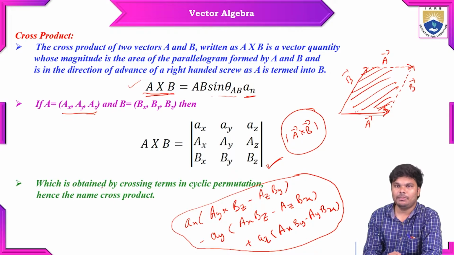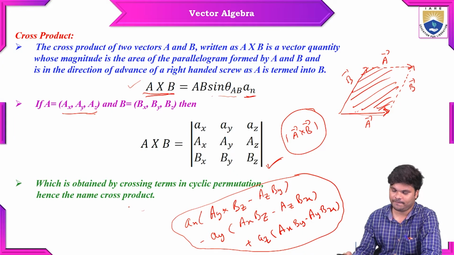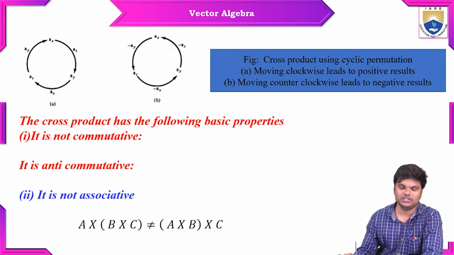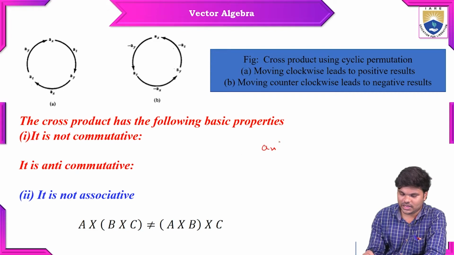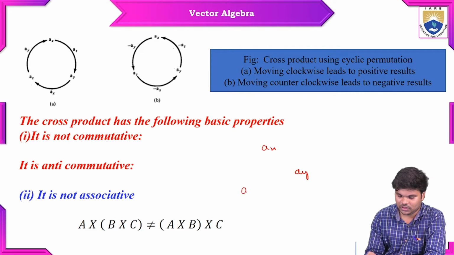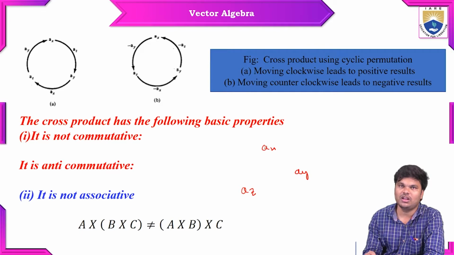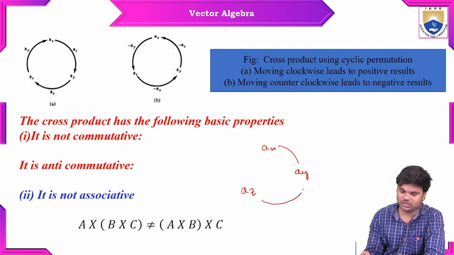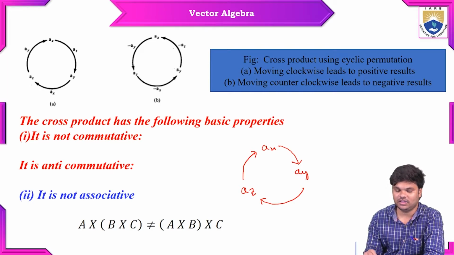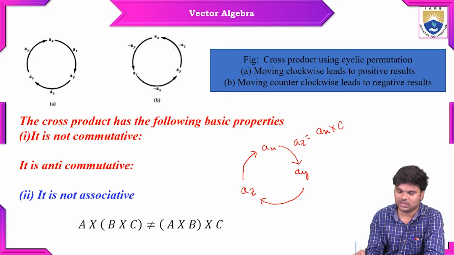And this cross product can be obtained by crossing the terms in cyclic permutation. Hence the name cross product has come here. So what is this cyclic permutation? See, let's see. AX, AY, AZ. This is the unit vector along x-axis, this is the unit vector along y-axis, and this is the unit vector along z-axis. If I move from AX to AY, the answer is AZ, which is nothing but AX cross AY.